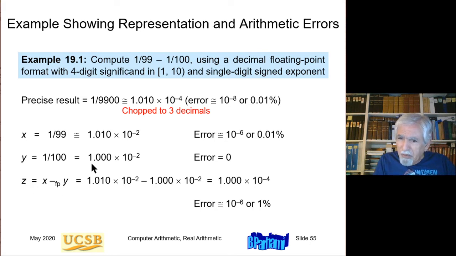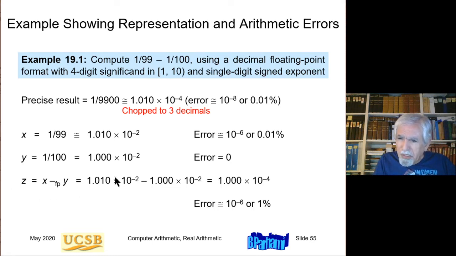And then we compute the difference between these two floating point representations using the rules of floating point arithmetic. In this chapter, when I use the subscript FP, that means we are doing this operation using the rules of floating point arithmetic. It's not a normal subtraction. It's not an exact subtraction.